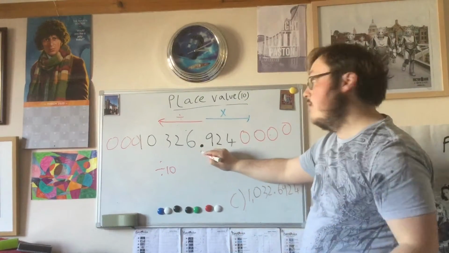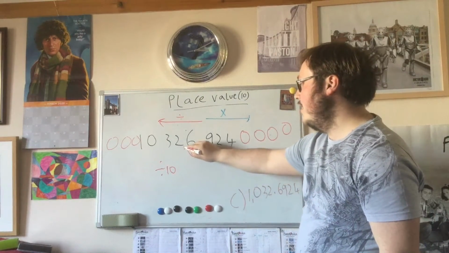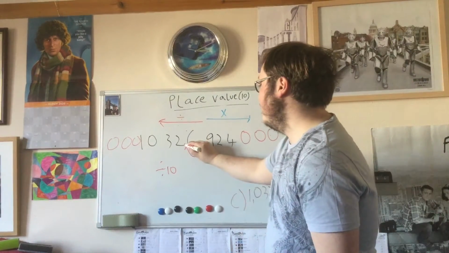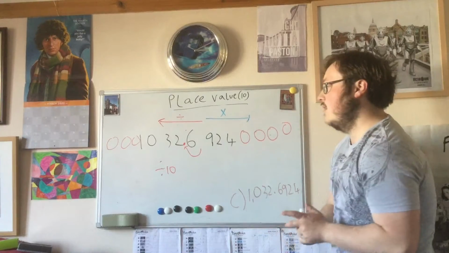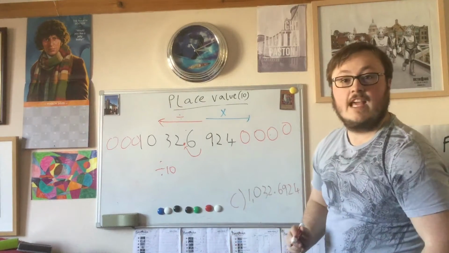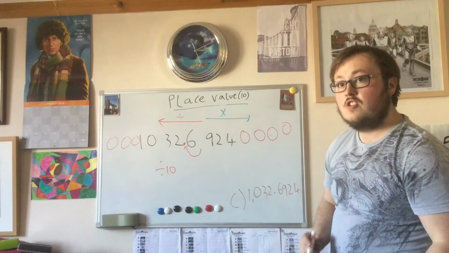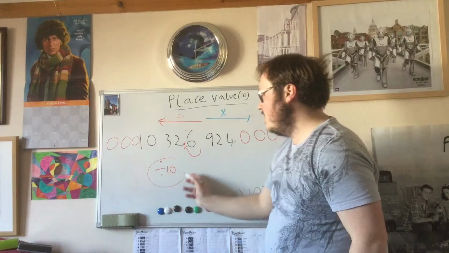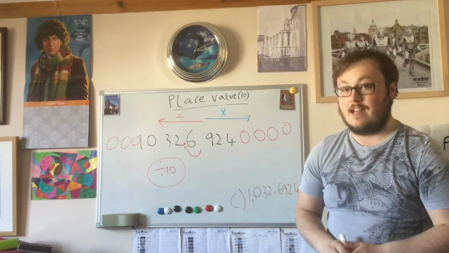Well, because there's 1 zero, we move our decimal to here. And that becomes 1032.6924. They are exactly the same. So all you have to do to go from the original answer to this answer is divide it by 10.